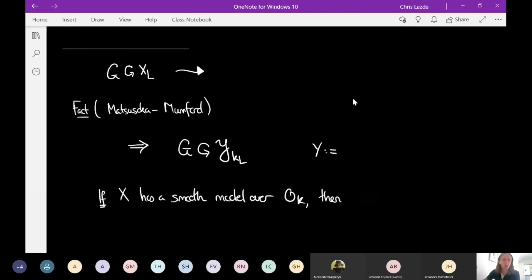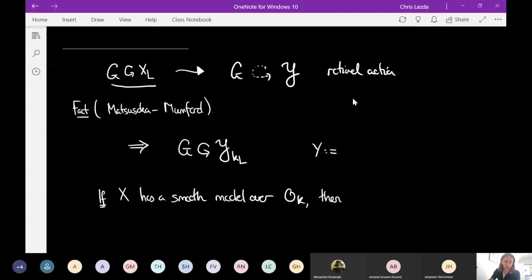How are we going to do this? Well, just as in the Liedtke-Matsumoto proof, we're going to look at the Galois action on the base change X_L. This just acts via its action on L, and this gives a rational action of G on this model curly Y. It's an action via rational maps.